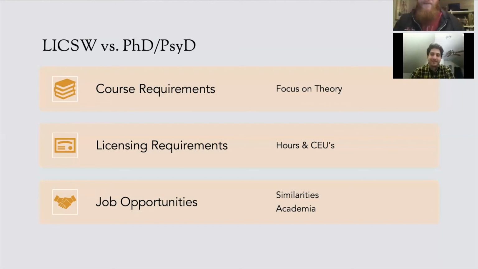That's cool. And like I said, I work with predominantly LICSWs in my current workplace, so I got some anecdotal information about the LICSW. I actually know some people who wish they went LMHC after getting their license in clinical social work.